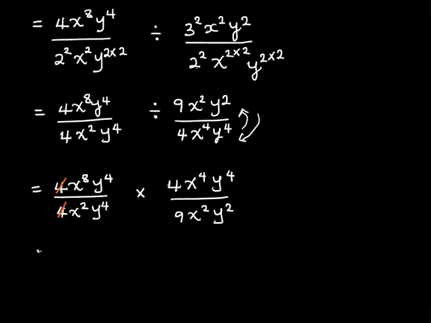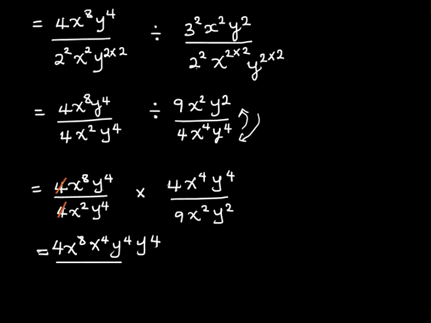So let's get x to the power of 8. We can bring this 4, then we bring this x to the power of 4, we bring this y to the power of 4, and this y to the power of 4.